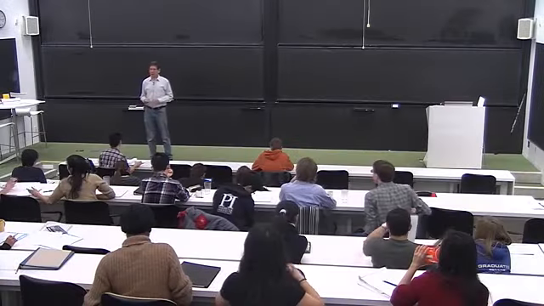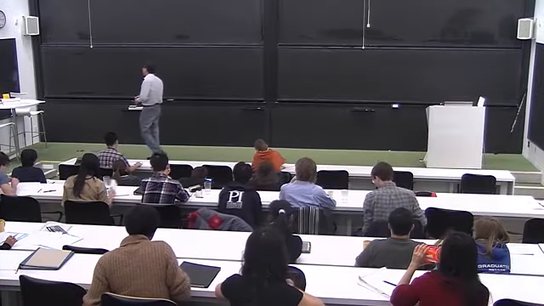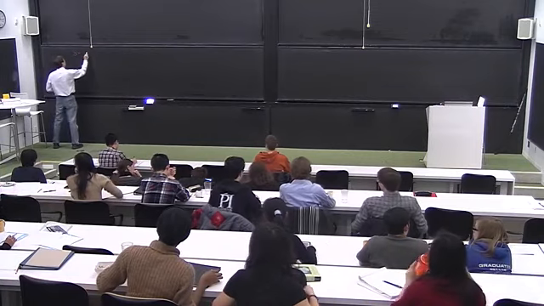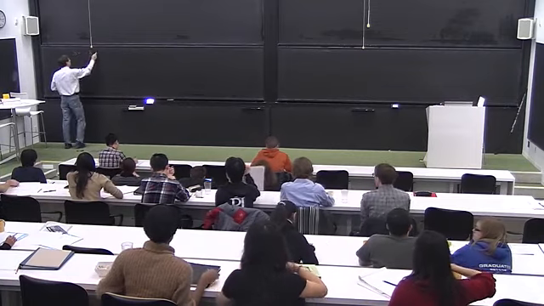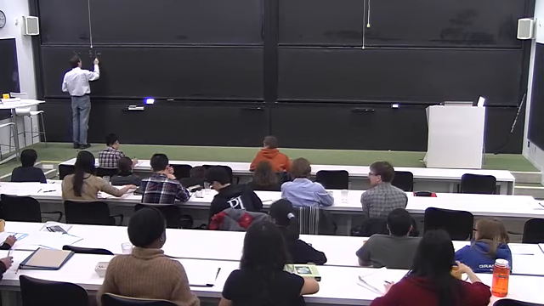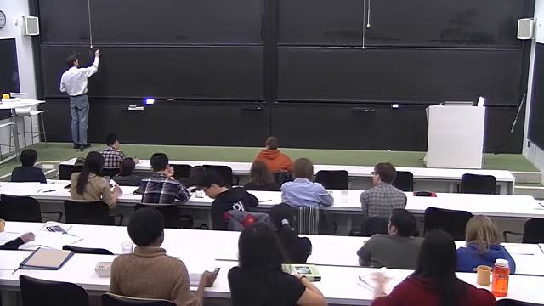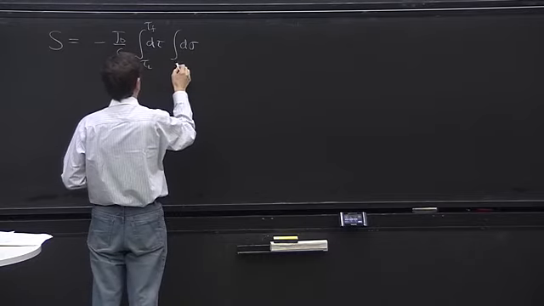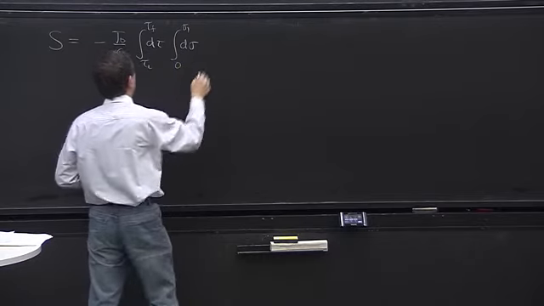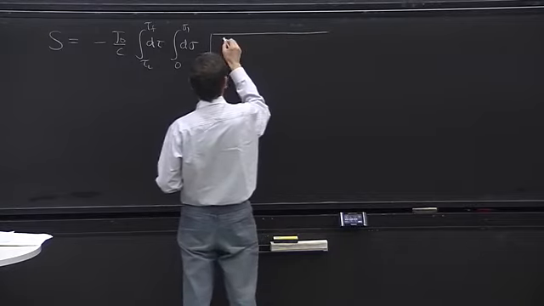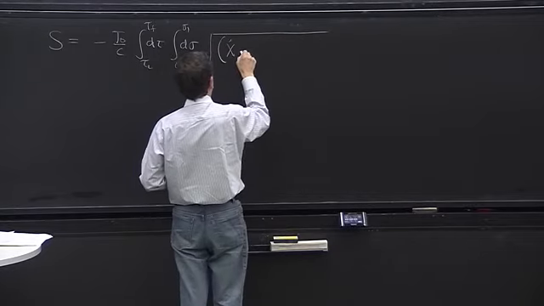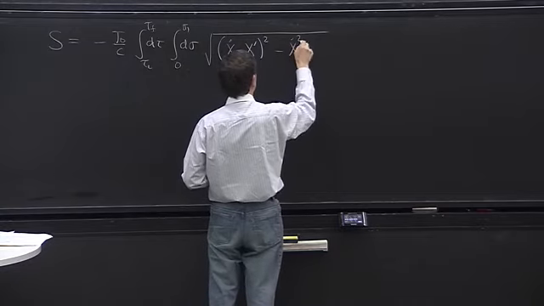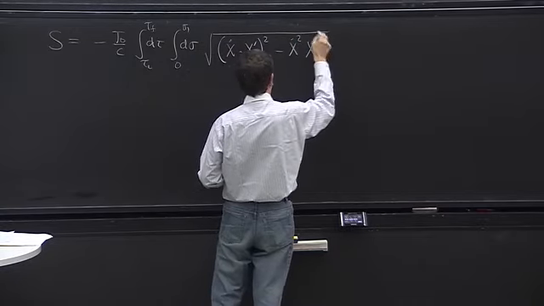Action that we wrote last time. We finally wrote the Nambu-Goto action. So that was given by minus T0 over c integral d tau from some initial tau to some final tau, d sigma from 0 to some sigma 1, square root of (x dot x prime) squared minus x dot squared x prime squared.